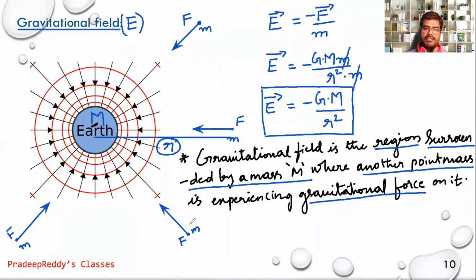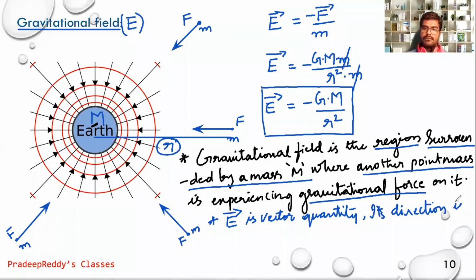And gravitational field is a vector quantity. Its direction is towards the greater mass side.